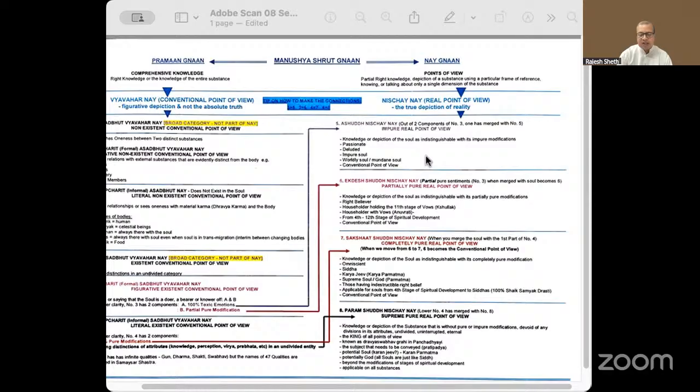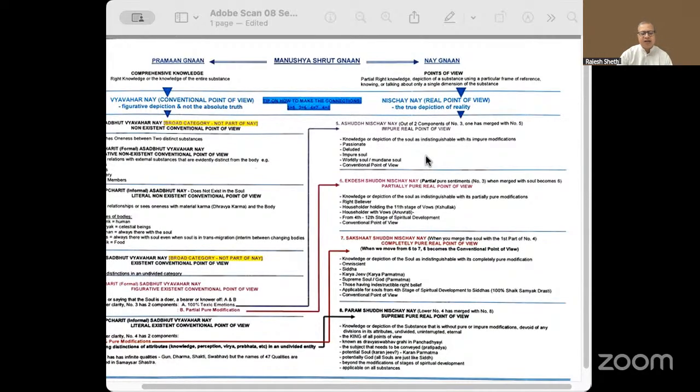Next, since this point of view talks only about partial purity in modification, it is called ek desh shuddh, partial. And because it talks of oneness between the substance and the modification, it is called nischay. Also, this is only one standpoint, that is why it is nai.